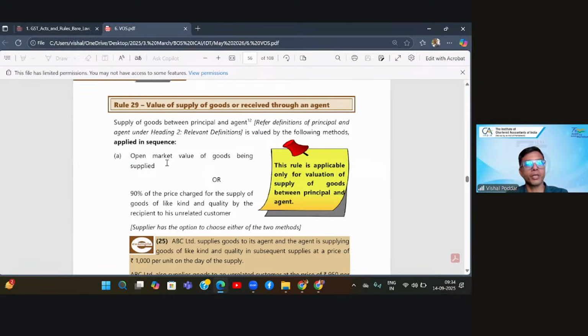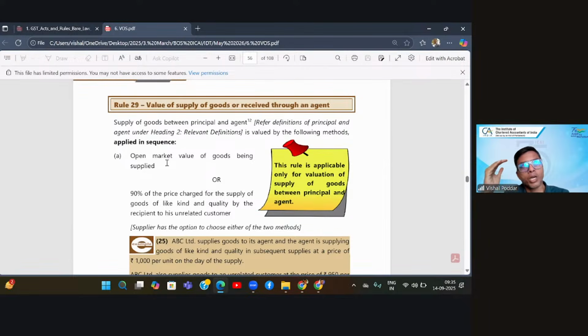So first is taking the open market value where, now see, if it is of goods, there is a chance that there will be an open market value because the same goods are supplied to so many other persons. So what I'm giving to the agent, I'm also selling directly to other customers. Then whatever price I'm charging to customers will be the open market value. That will be the value.